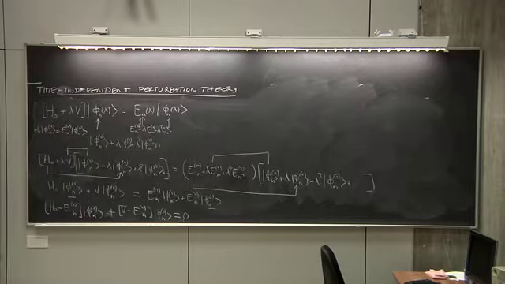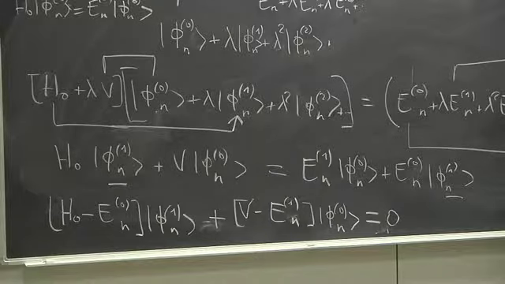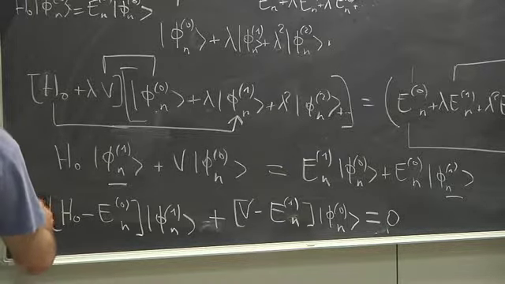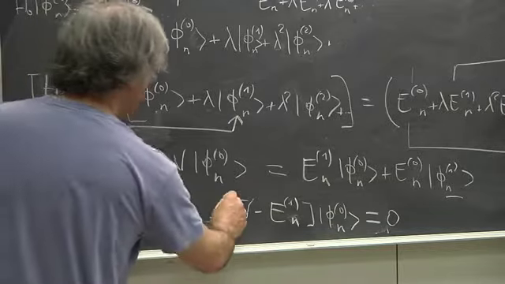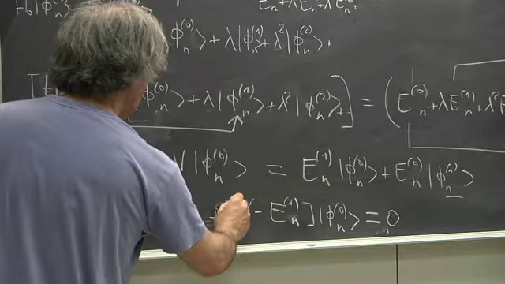Do we agree on this? I've just rewritten them all in the first thing. Now let us see something. Notice if I take a scalar product here with, for instance, phi_0n, obviously here and here, what happens?